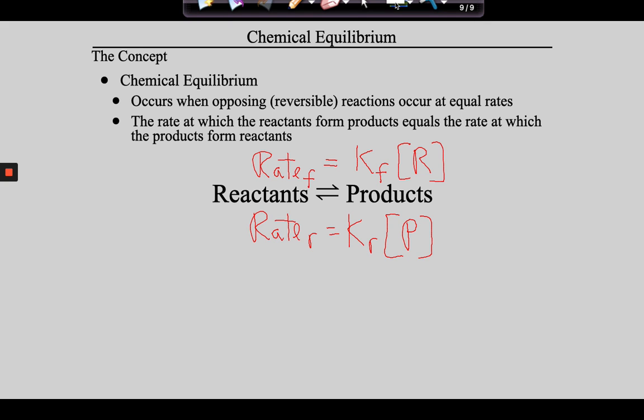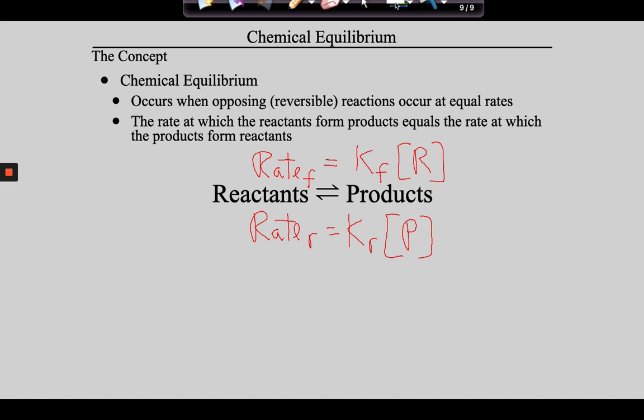So now, Matthew, we're going to talk about your interesting observation. What do you know about the amount of water in these tubes? They are the same. That's the definition of equilibrium. But guys, how can that be? Well, take a look. For our forward rate law, we have a big K value and a smaller concentration.